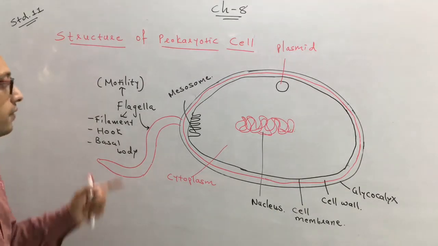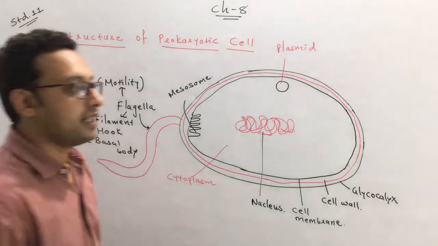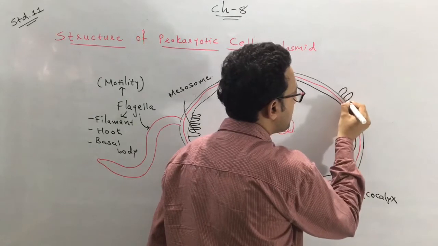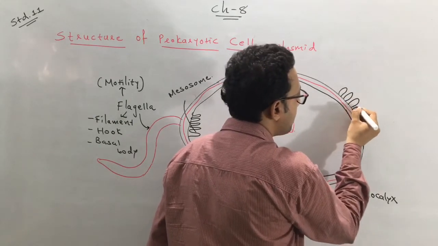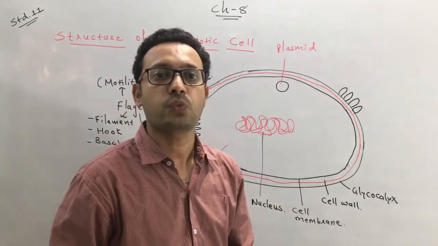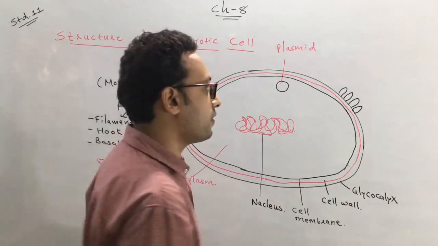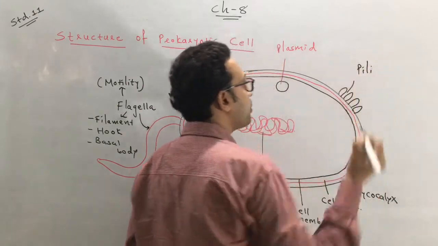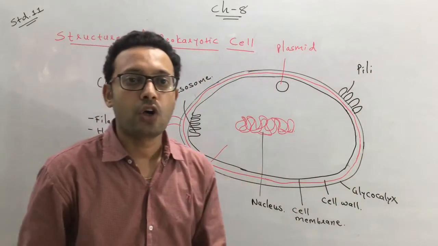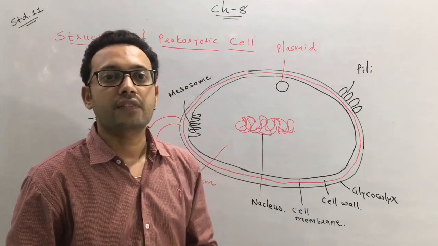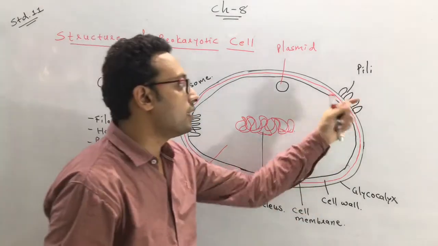Now apart from flagella, the bacteria also possess small tubular processes that arise from the surface. This is called pili. A small tubular process arising from the surface of bacteria is called a pili.